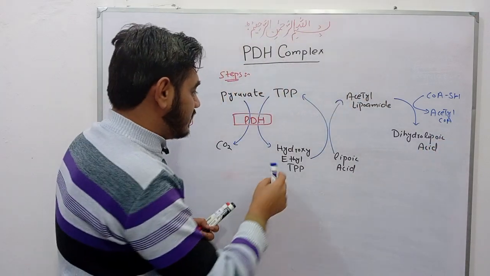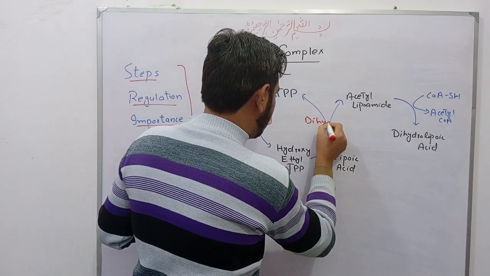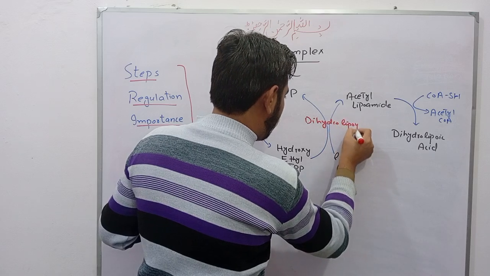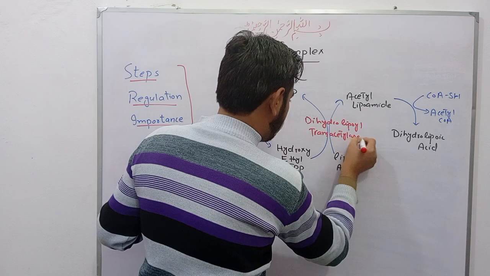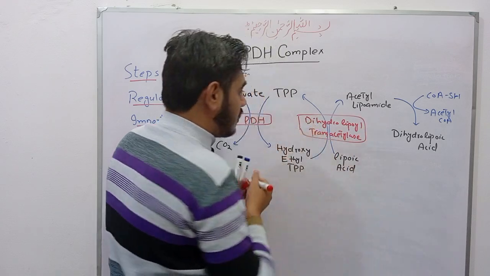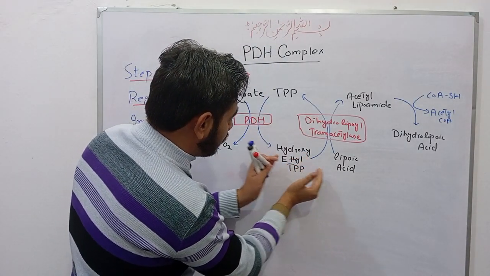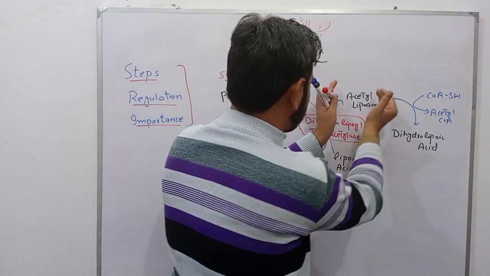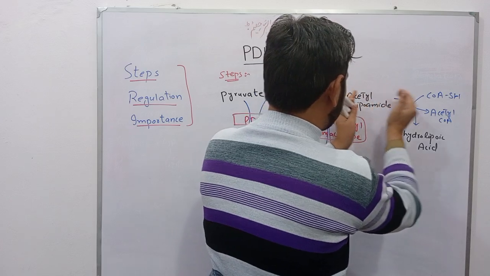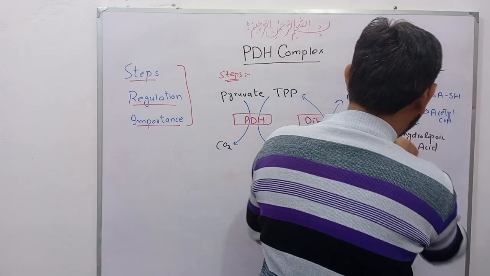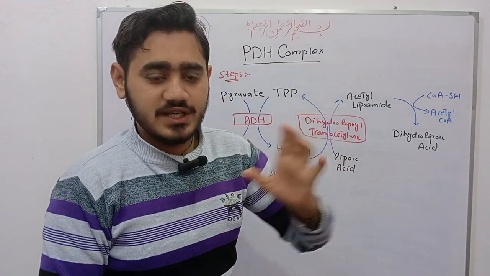Okay, students, these two reactions are catalyzed by dihydrolipoyl transacetylase. Dihydrolipoic acid is the reduced form of lipoic acid.